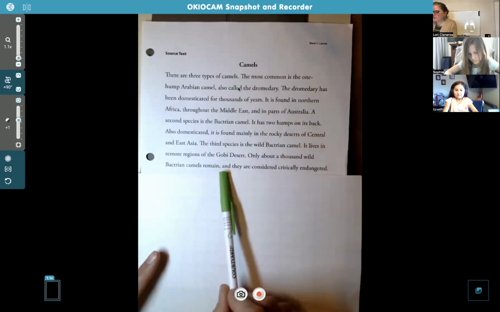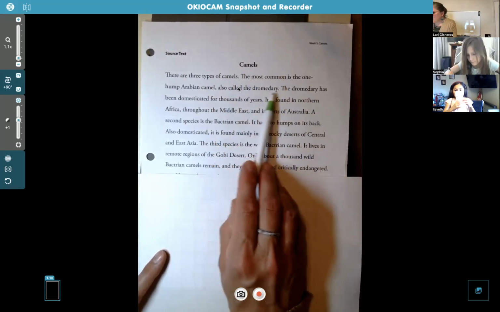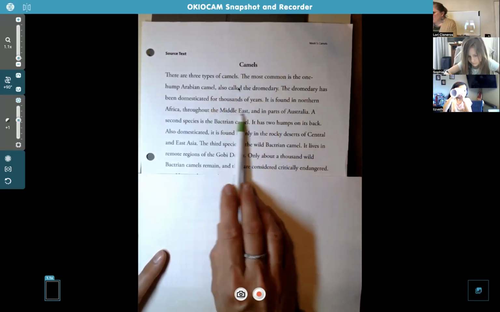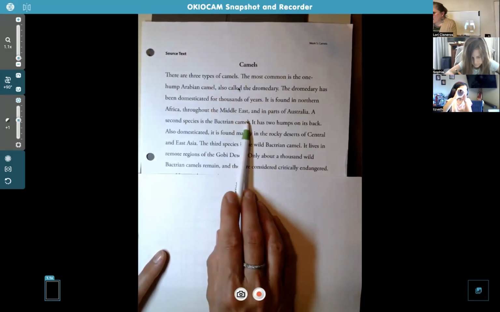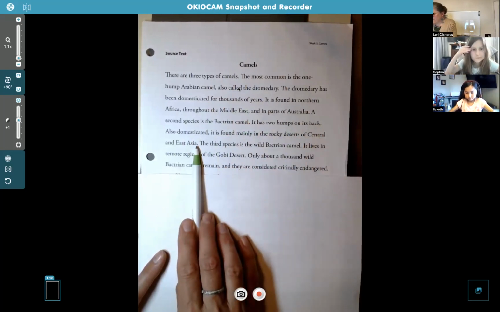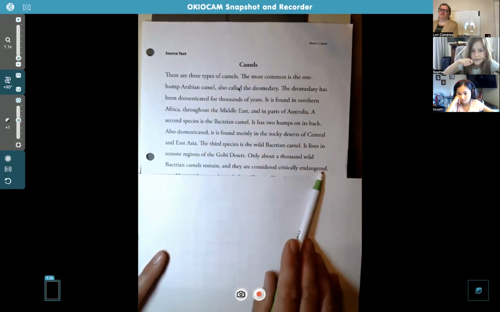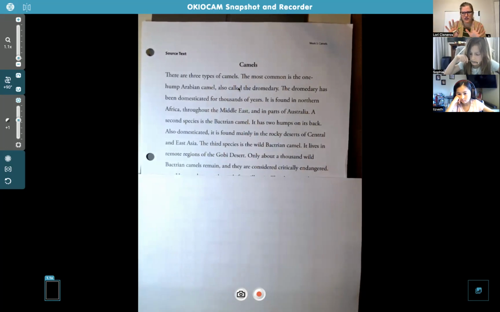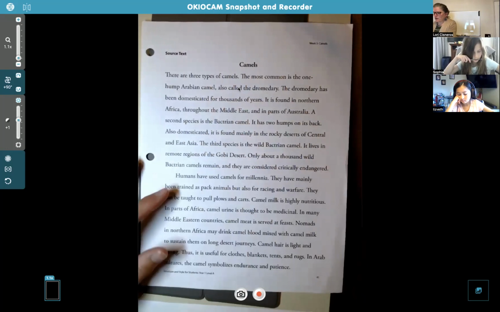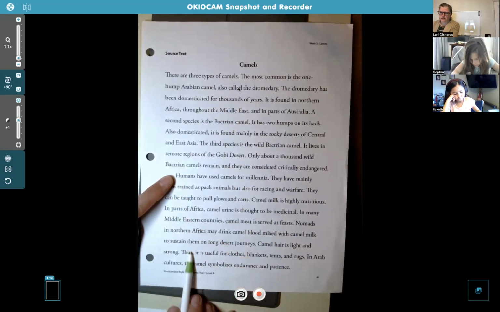So just this first paragraph, there's one period, 2, 3, 4, 5, 6, 7, 8, 9, 10. So there's 10 periods in the first paragraph. Now, the second paragraph starts right here where it says humans. And I'm going to count how many periods are in this paragraph.